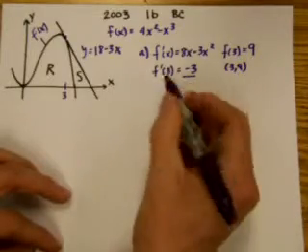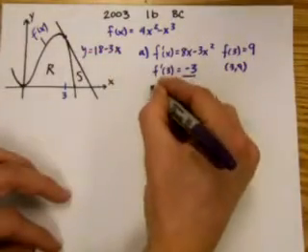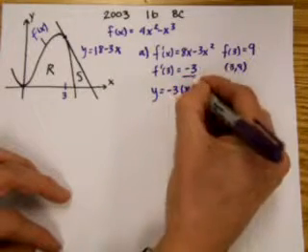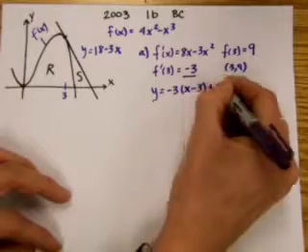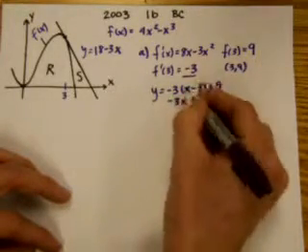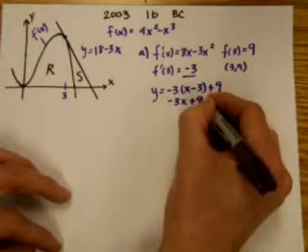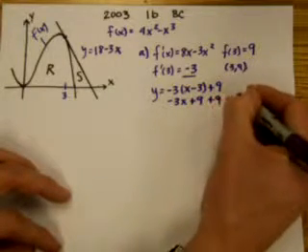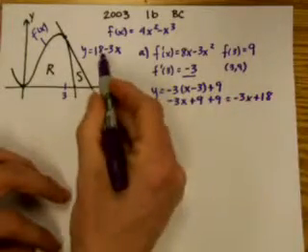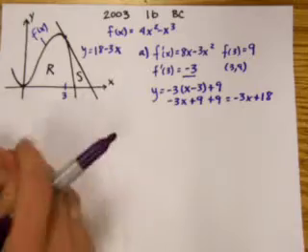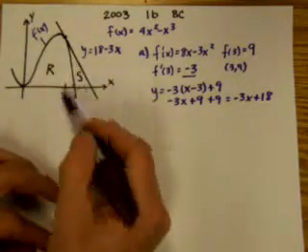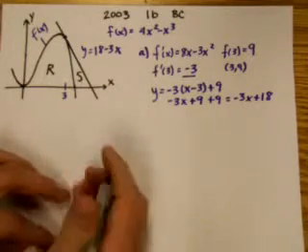So the equation of the tangent line there would be y equals -3 times x minus 3 plus 9. If I multiply this out, I get -3x plus 9, or -3x plus 18, which is exactly what we had here. So that shows that this is in fact a tangent line to f of x at x equals 3.